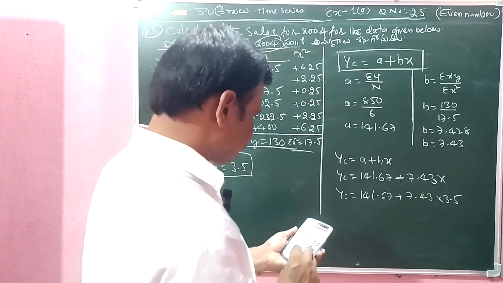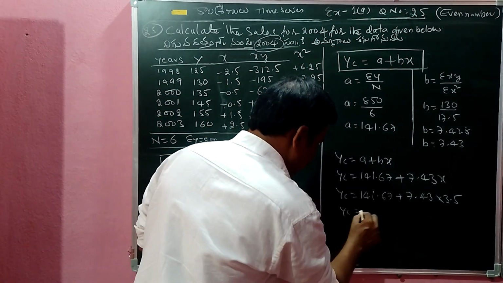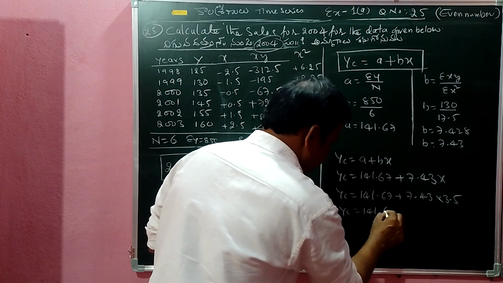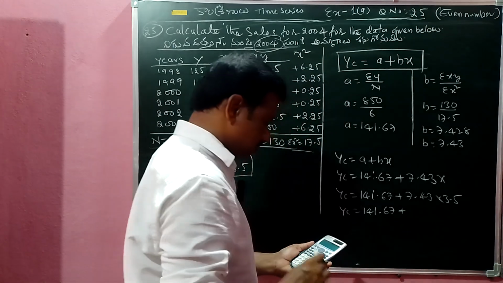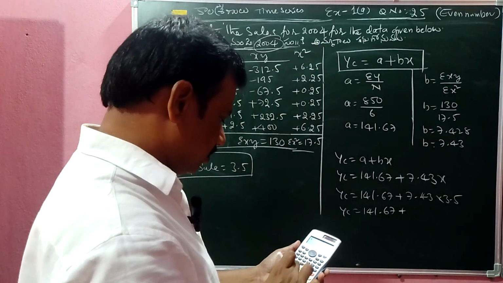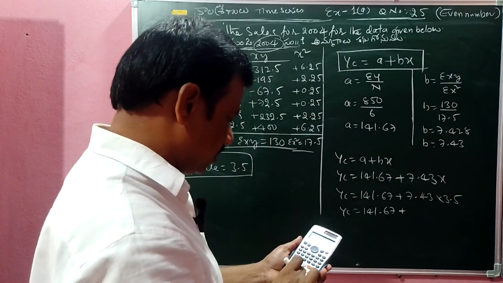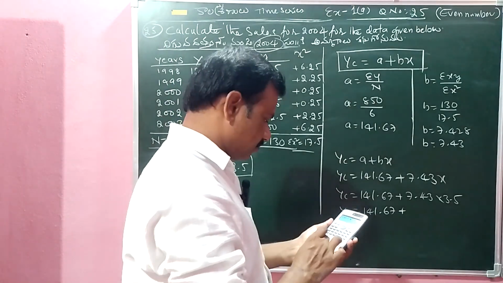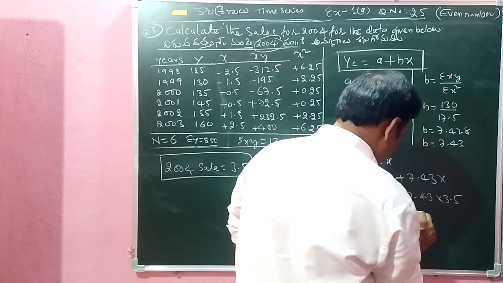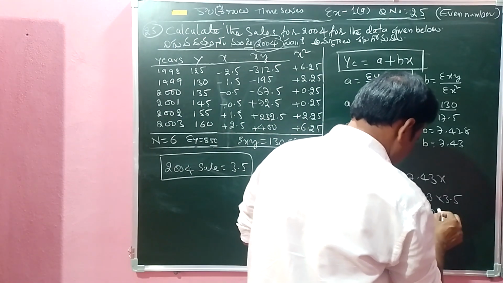Next YC equal to 141.67, same, there is no change, plus 7.43 into 3.5. That value is 26.005.